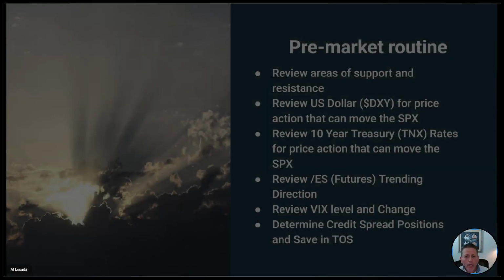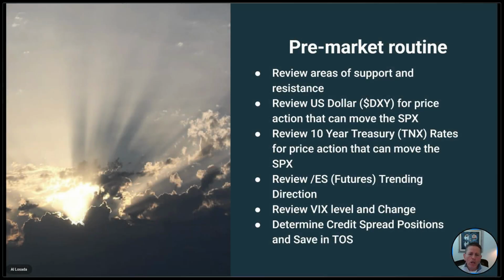Okay. All right. So I look over the pre-market routine. Obviously, I know because I'm trading every single day, I know where the support and resistance is, what the U.S. dollar does. And typically when the U.S. dollar goes higher, it puts pressure on SPX, and then if you're going the other way, it's easier.